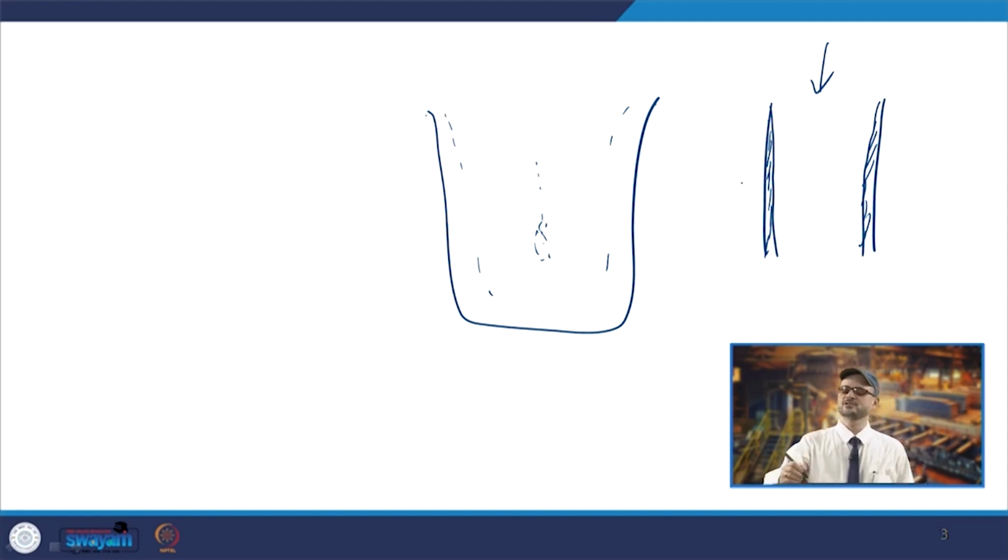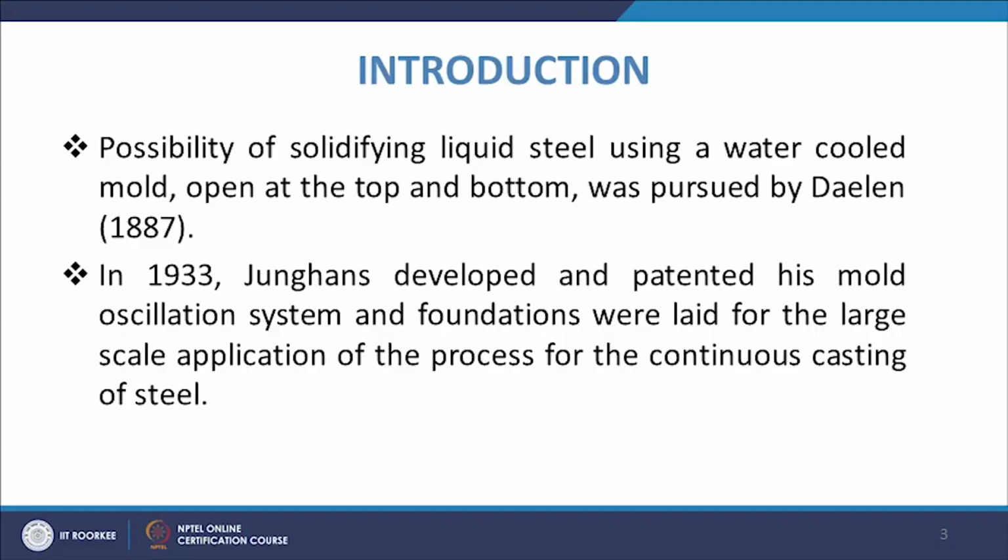For that the oscillation system was there, and also another mechanism, something between these two interfaces, so that it does not get stuck. So, they thought that you should have the oscillation system, and that was the time when the foundations were laid for the large scale application of the continuous casting process. From there you can say that a full fledged design of the continuous casting system came into the world.